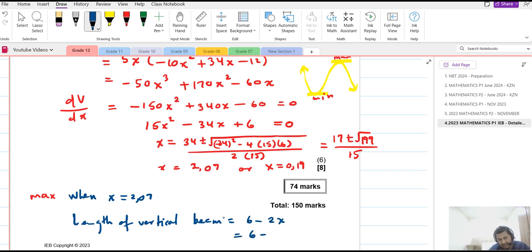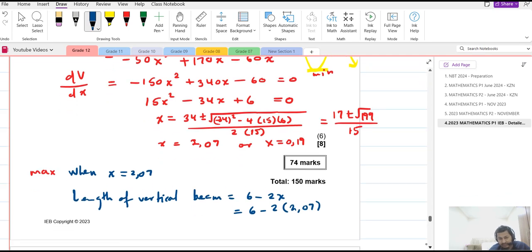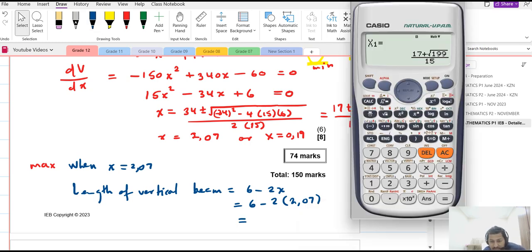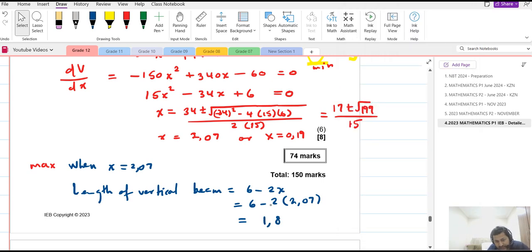So 6 minus 2 times 2.07, which is equal to 1.86. You should write it in decimal points, 1.86. So the length of the vertical beam is 1.86 meters. I hope you guys understood that, right?